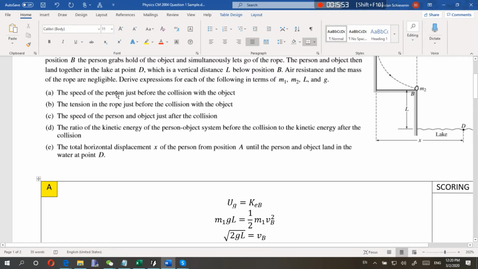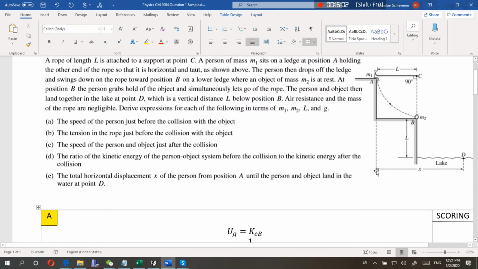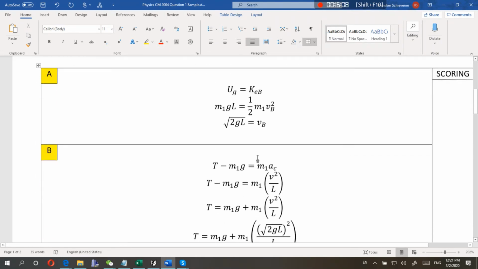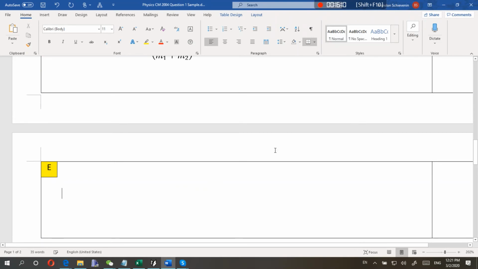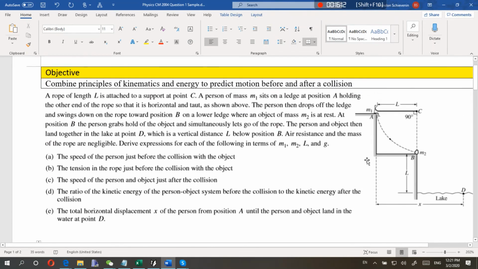Last one, I want total horizontal displacement of the person from position A until the person lands in the water at point D. So that means we're solving for X here in the picture. Okay, total horizontal displacement. What would I have to do?